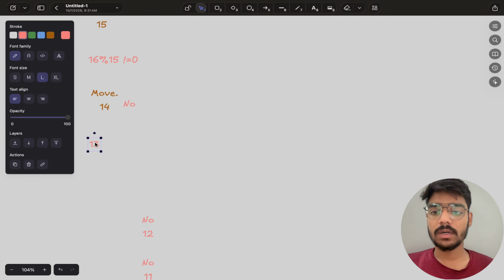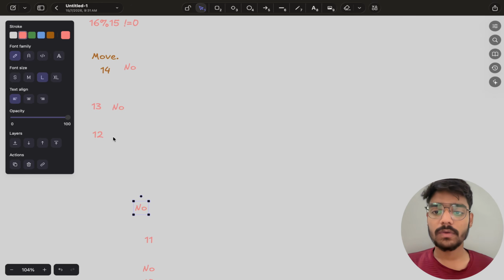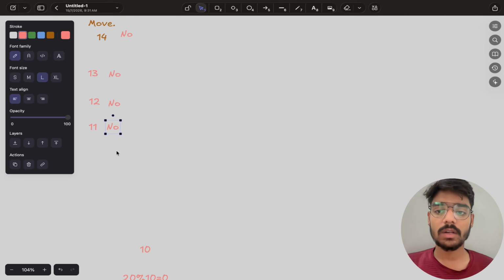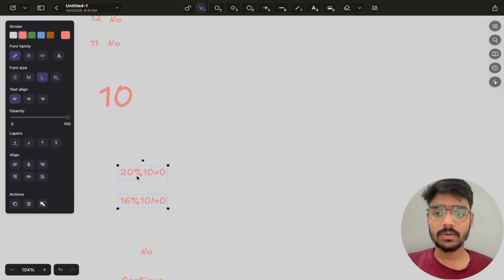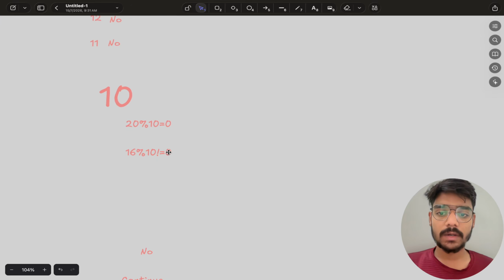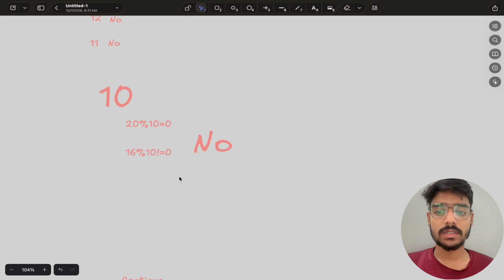Now 13 is also not dividing both. Now 12 is also not dividing both. Now 11 is also not dividing both. Now coming to 10: 10 divides 20, but 16 mod 10 is not equal to 0, so it is a big no. This is not our answer.